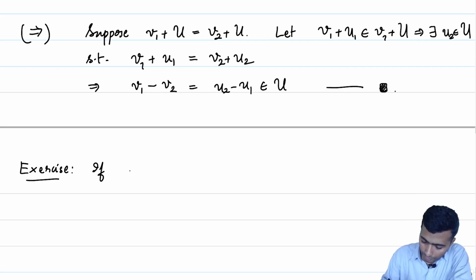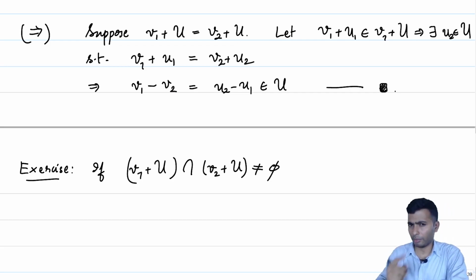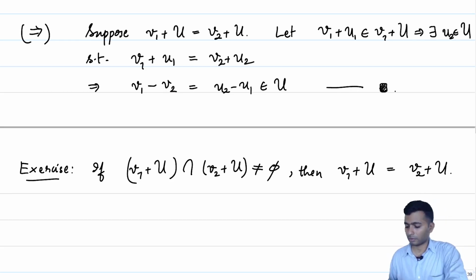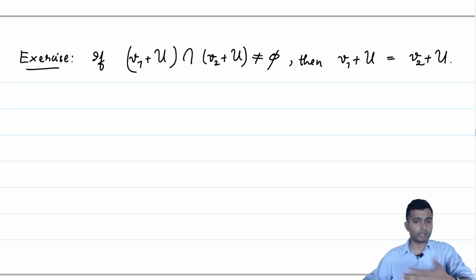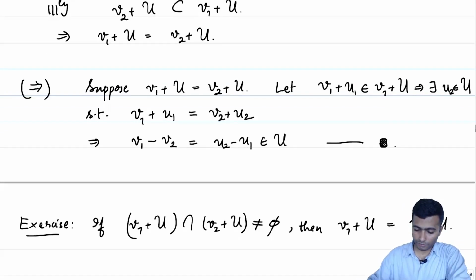So if V1 plus U intersected with V2 plus U is not empty, suppose there is even one element in the intersection, then V1 plus U is equal to V2 plus U. So the ideas are quite similar to the ideas used in the proposition we just proved.